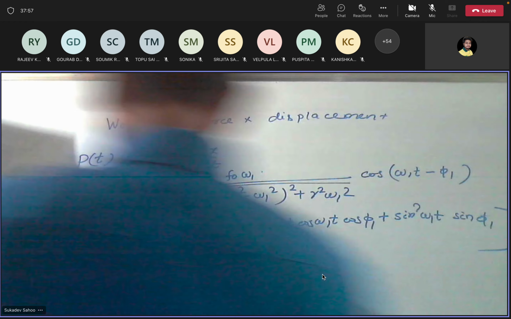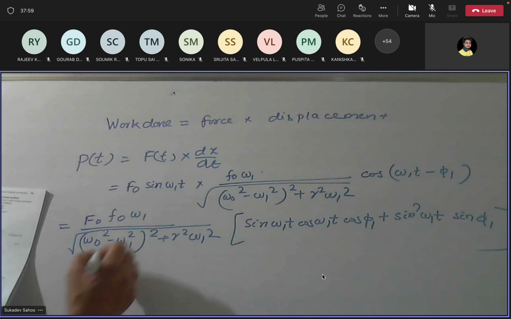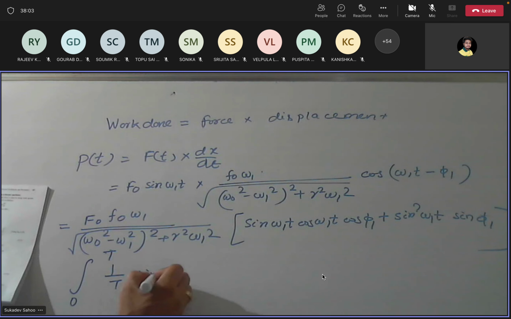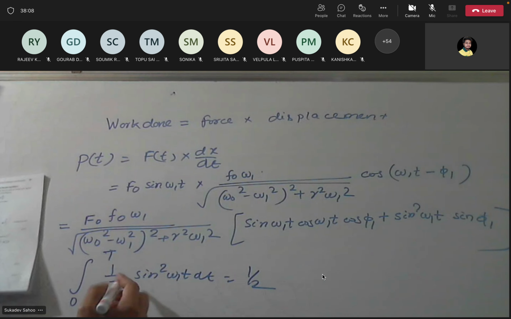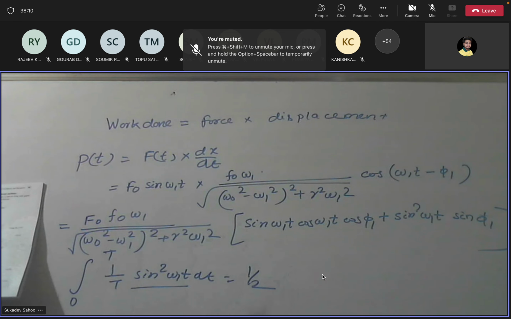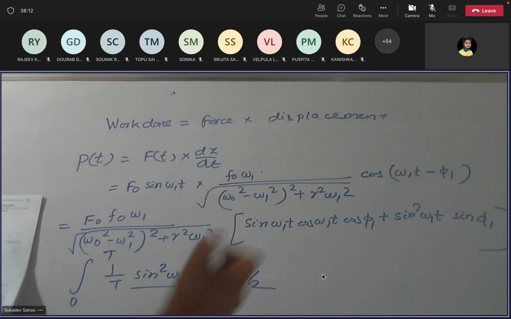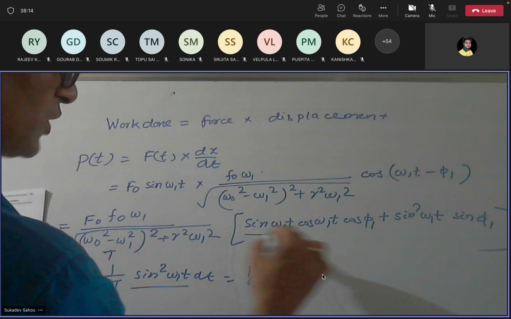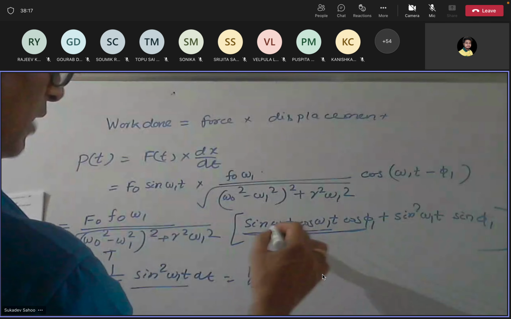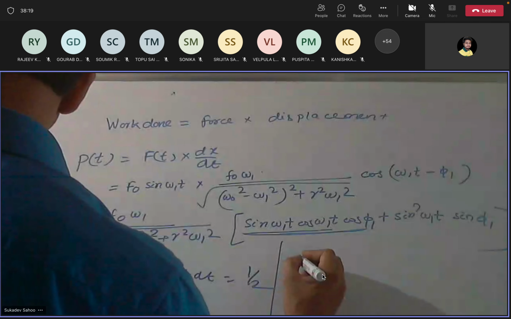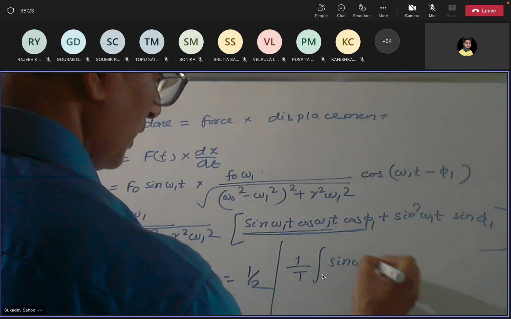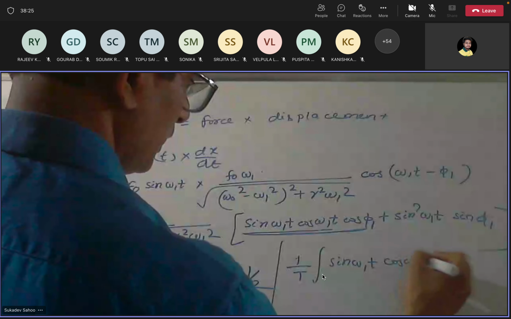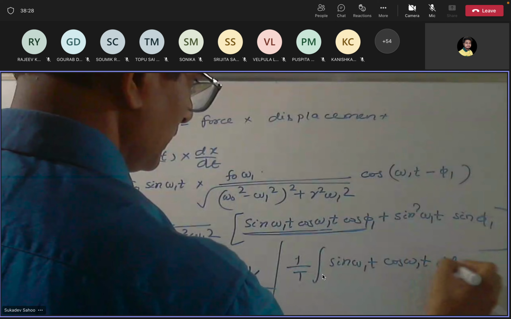Already, I think you remember, we have calculated from 0 to T, 1 by T integral of sine square omega 1t dt, which is half. The sine square function gives half, the cos square function gives half, and for the sine and cos functions multiplied, 1 by T integral of sine omega 1t cos omega 1t dt from 0 to T will be 0.